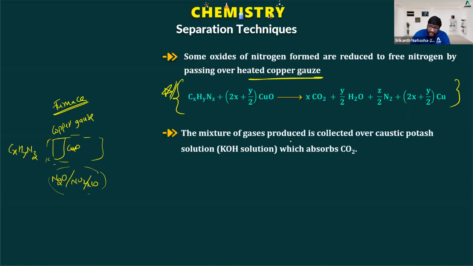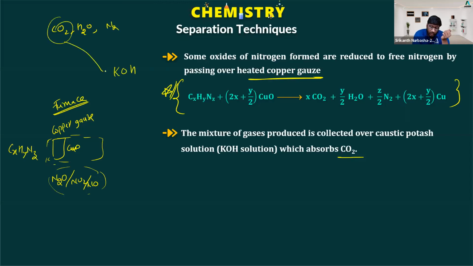The mixture of gases produced is collected over caustic potash solution, or KOH, which absorbs CO2. Whatever mixture of gases we have formed is collected over KOH.